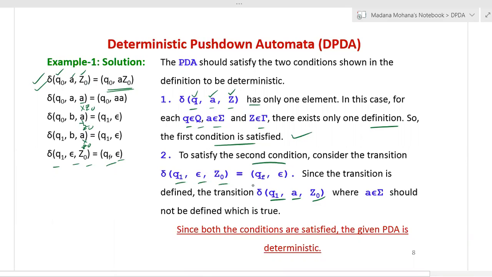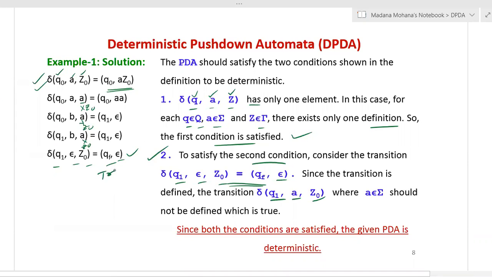So if this is not there, then this is always true. Q1 epsilon Z naught equal to QF null is always true because the stack is always empty. So the condition delta of Q1 A Z naught, where A belongs to sigma, should not be defined, is true. Therefore this condition is also satisfied.